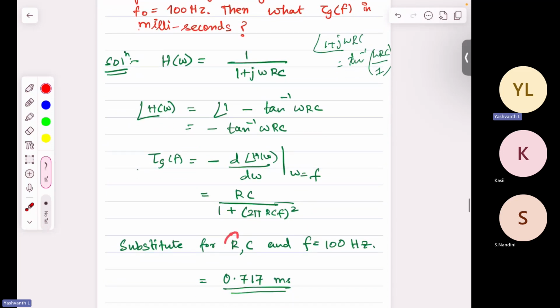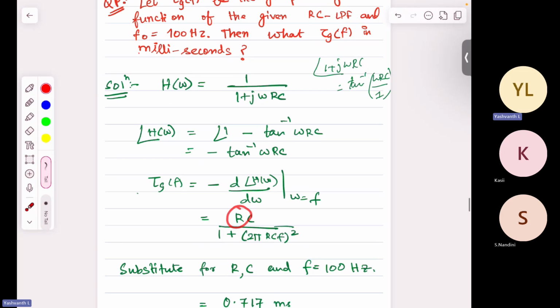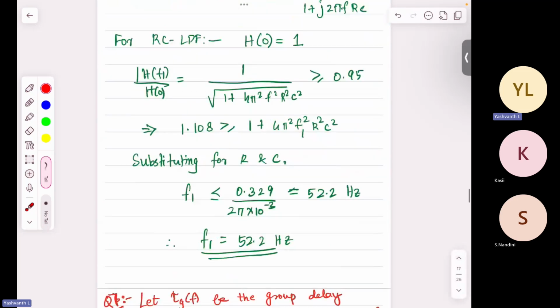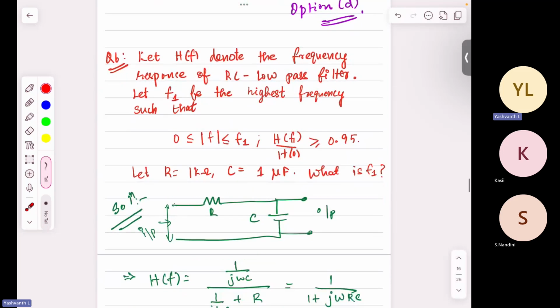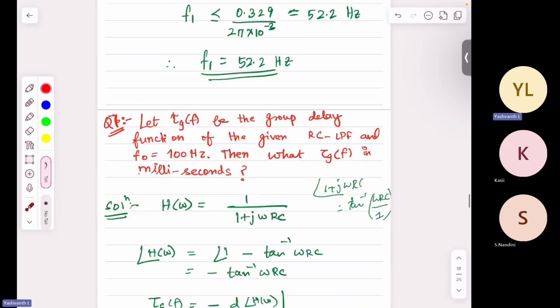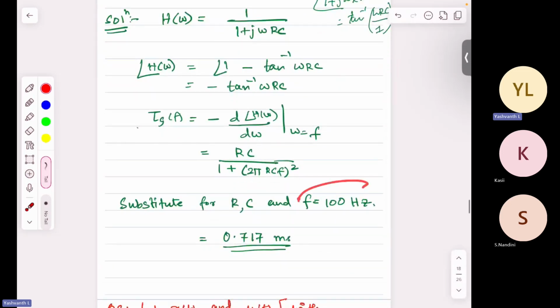And then you substitute the values of R, C, and f. So R is given, maybe from the previous question only. Oh, okay. 6 and 7 basically constitute the same question. So you need to reuse the values of R and C from the previous question in the next question. Put f equal to 100, and it turns out to be 0.717 milliseconds. Simple. In fact, it's not omega equal to f, it will be omega equal to 2 pi f.